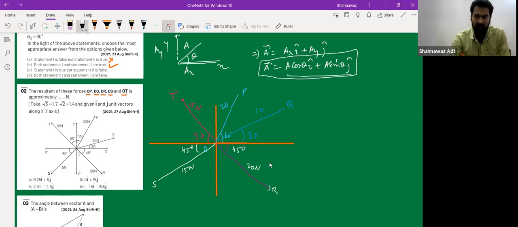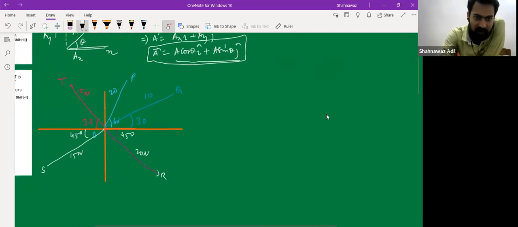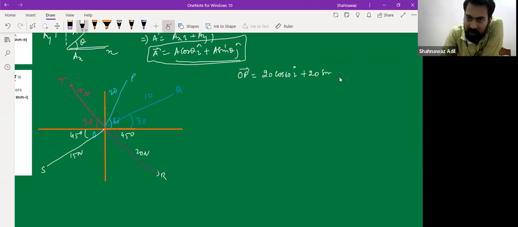So first let us calculate what is OP. OP is at 60, so 20 cos 60 i hat plus 20 sin 60 j hat.